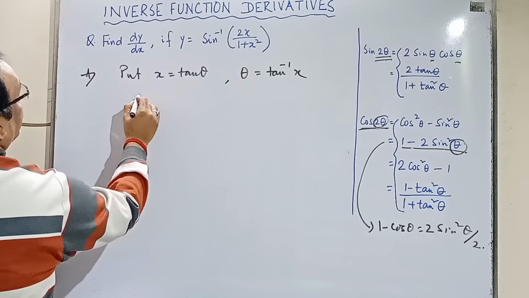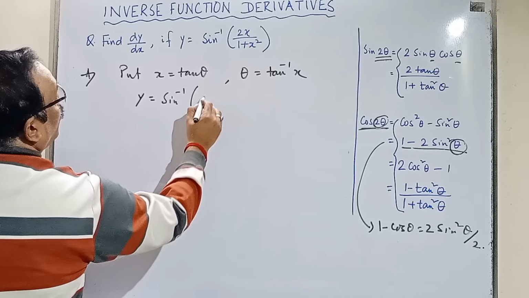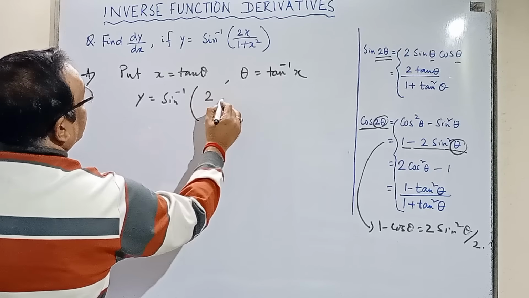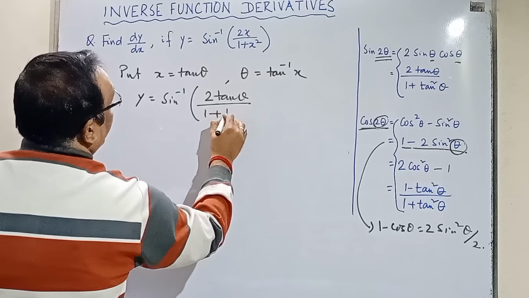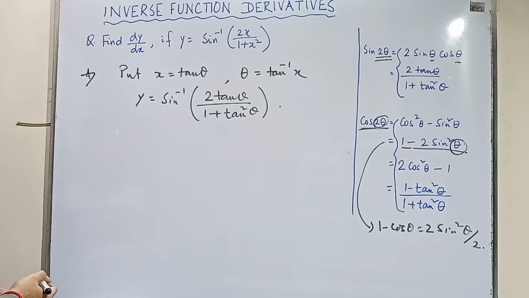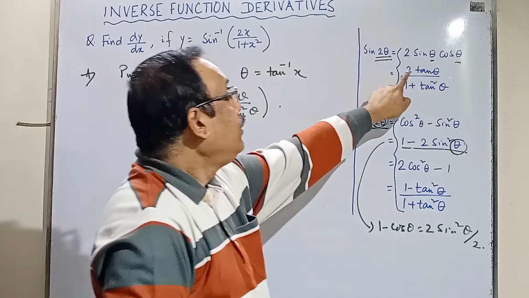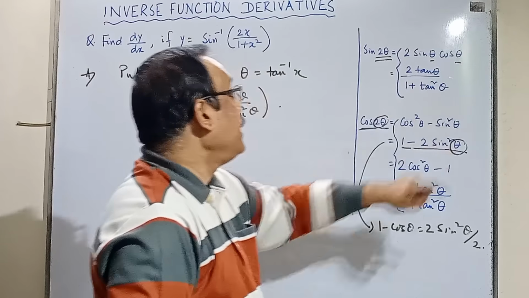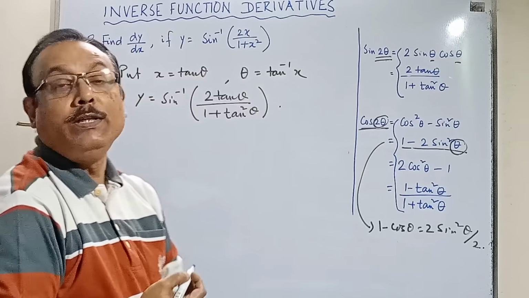So if I replace y, sin inverse 2x, x is tan theta, so 2 tan theta divided by 1 plus tan square theta. Have a look. 2 tan theta divided by 1 plus tan square theta is nothing but sin 2 theta.